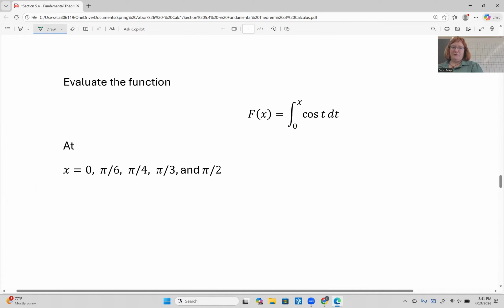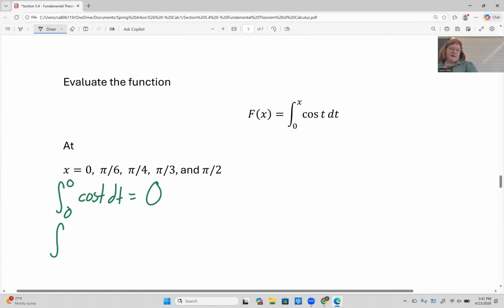Okay, plug in each one. So integral 0 to 0 cosine t dt. What'd you say that comes out to? Why? Because area between the same point. Yeah, that was one of our rules from Friday. The area between the same point is 0.